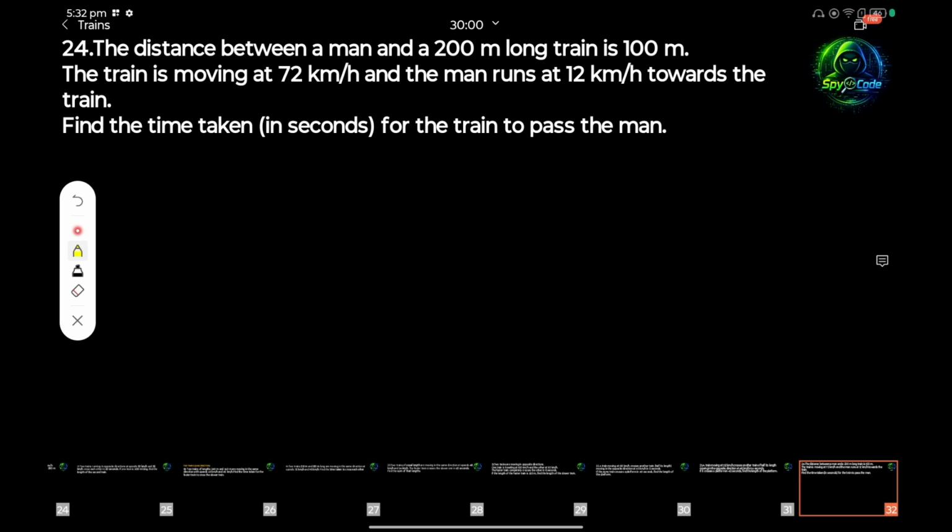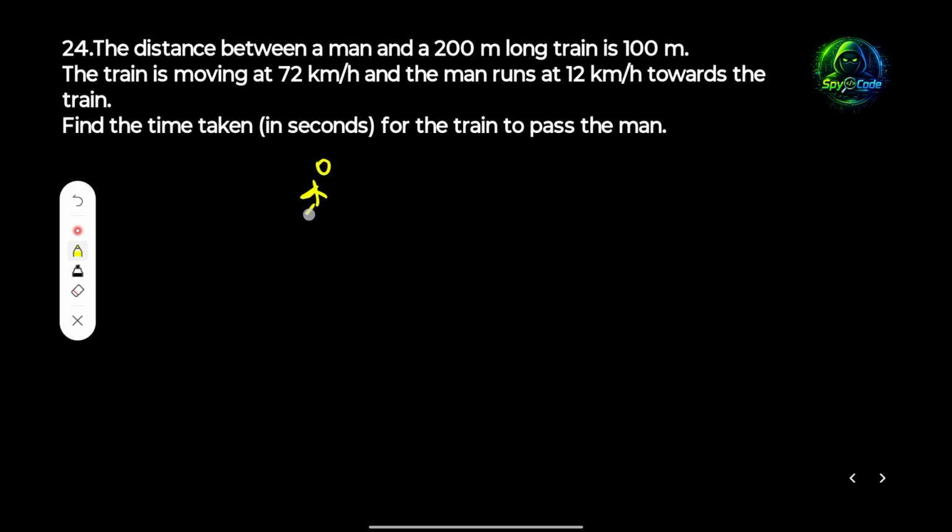The distance between a man and a 200-meter long train is 100 meters. Okay, the distance between them is 100 meters.